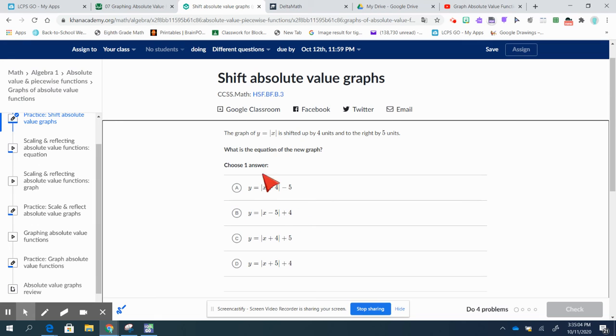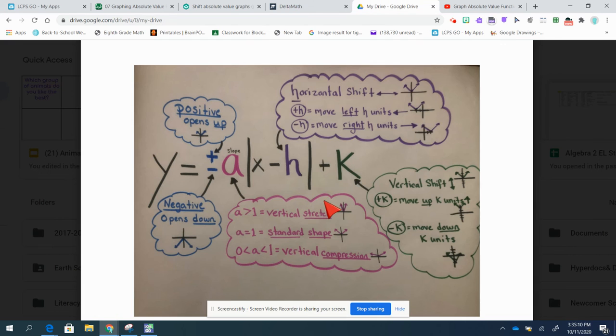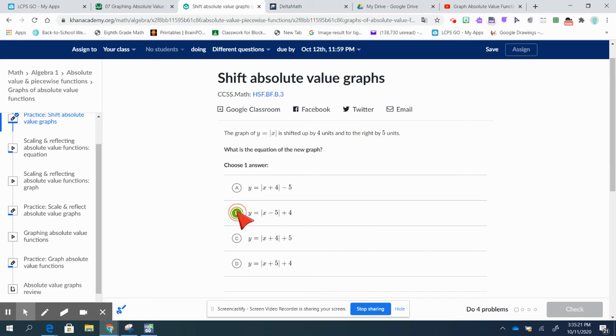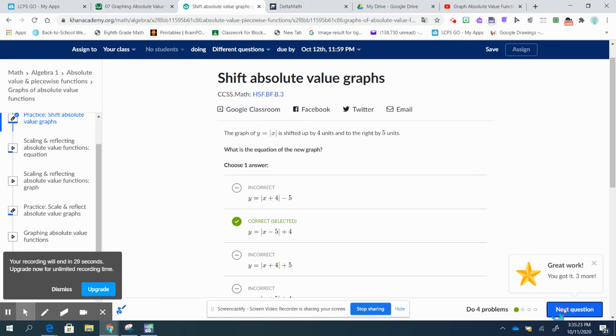So that means A is not our answer, C is not our answer. And to the right by 5, we go back here, we know that if it's right, it means we need a negative h. Okay, so we have our positive 4, here's our negative 5. That should be our answer.